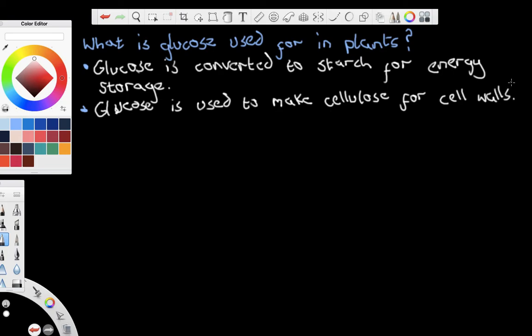Okay. Our next one, glucose can be added to nitrate ions to make amino acids for proteins.